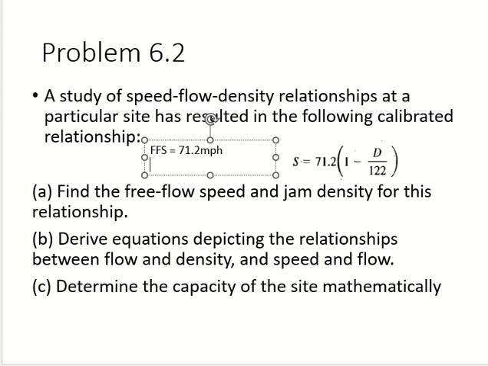You can get 0, no problem, I'll give it to you in the exam. But jam density is not 0. It is 120. To get jam density, you will put speed equal to 0 in this equation, and you should be getting 120. Clear? Any problems?